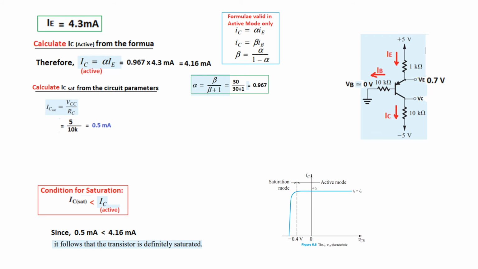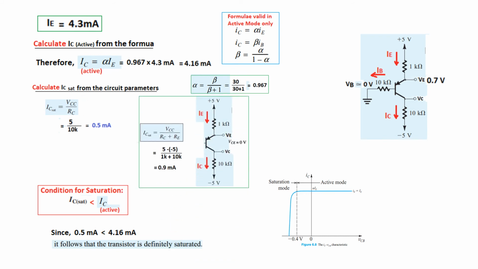Now this was the simplest way of finding, which has been done in the book, but I would prefer to use this method: since this is our circuit, we'll put this equal to 0, and from here we can calculate the I saturation, which will be about 0.9 milliampere. Still this condition is valid, that 0.9 milliampere is less than 4.16 milliampere. Anyway, now let's proceed.